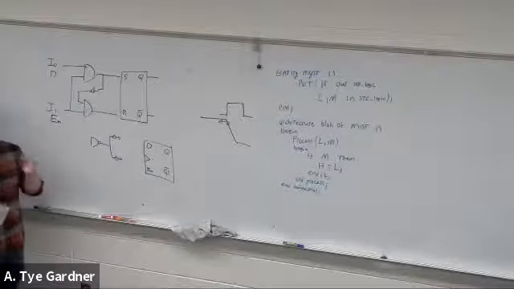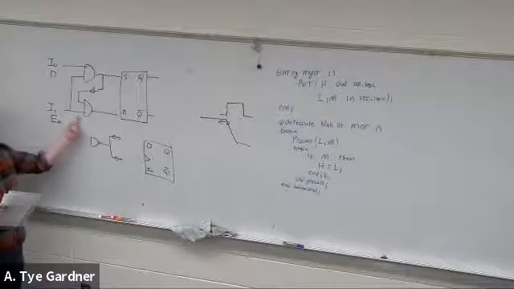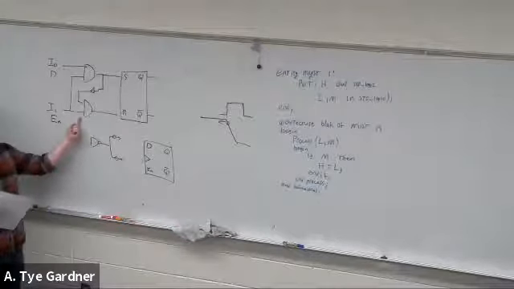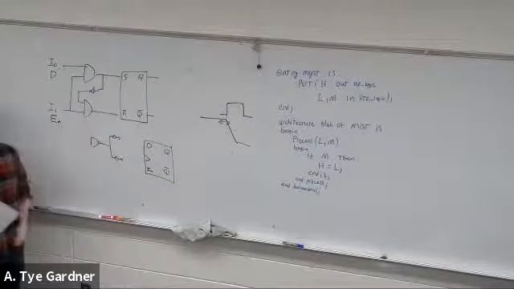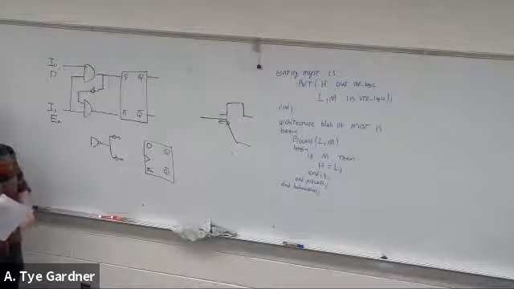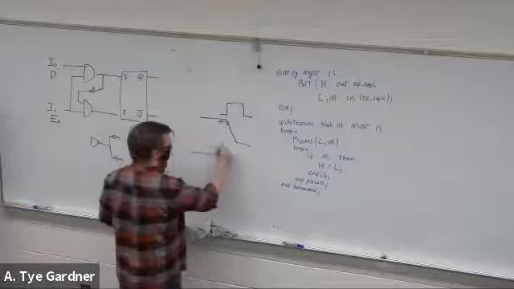Now, if you didn't have the ability just to look at this and go, oh, that looks like an enable, what's another way that you could do this? Set up a truth table? Yeah, set up a truth table, provide inputs, and see if you recognize that truth table.